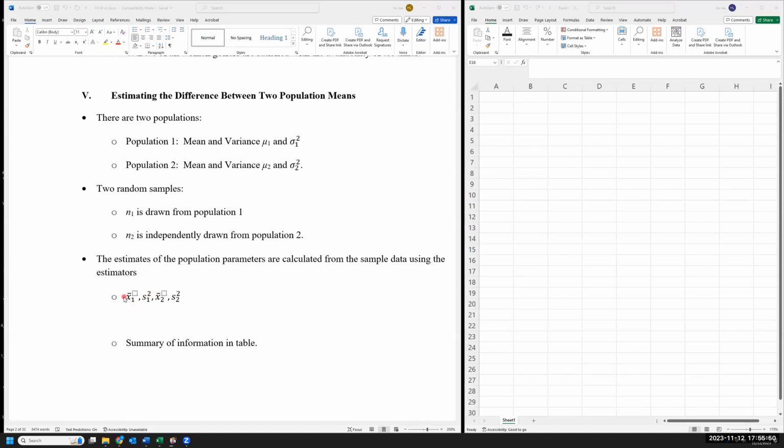That's x1 bar and s1 squared. From the sample of 1,000 women, N2, we could calculate the average income for women, that's x2 bar, and the sample variance, s2 squared. Okay.